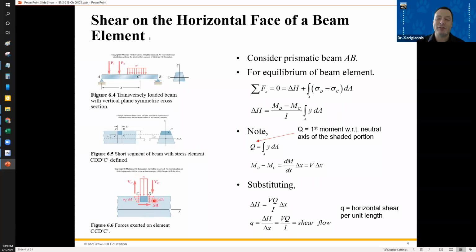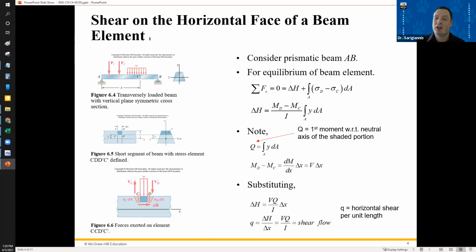Sigma at any given location is just bending moment times y divided by I. That's how we pull all this out, because the moment of inertia of the cross section is constant, the bending moment is constant, and the only thing that changes with area is y, and that's what causes sigma to change.